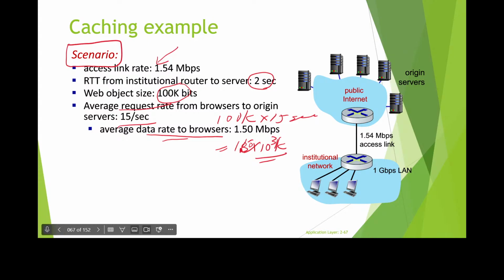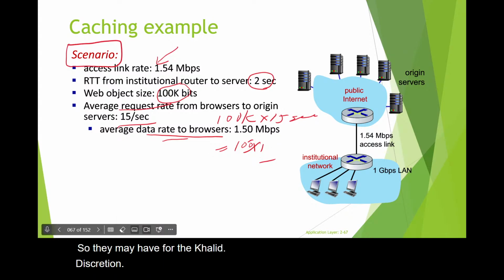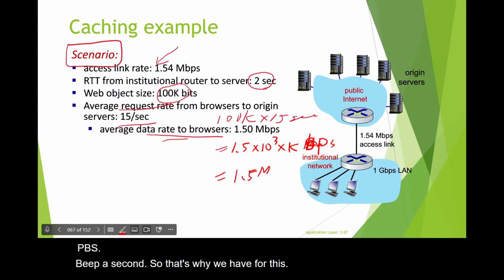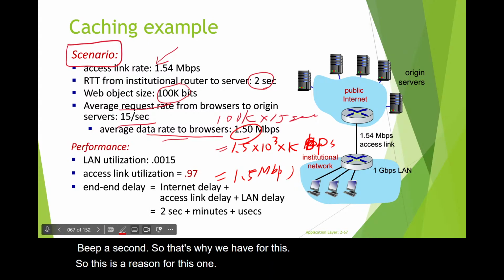Then we have a clear description. Sorry, that is bits per second, so that's why we have these. This is the reason for this one. And now, the utilization.